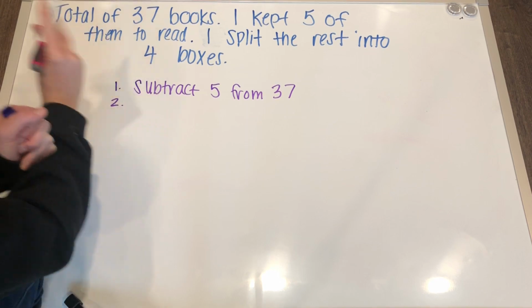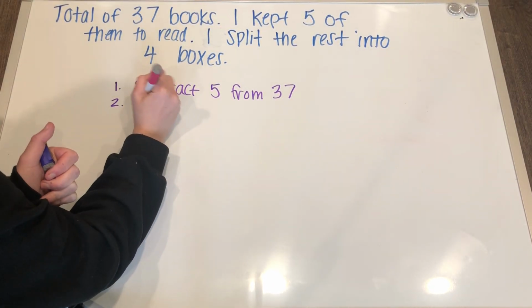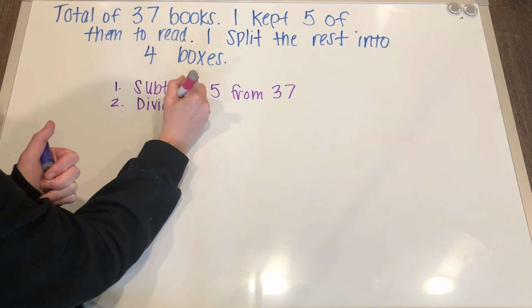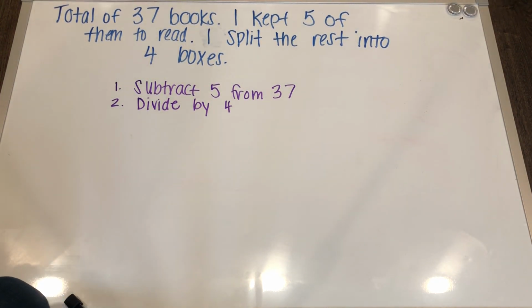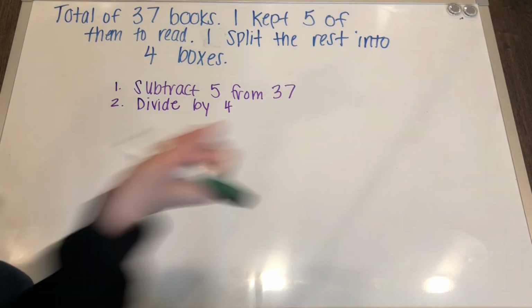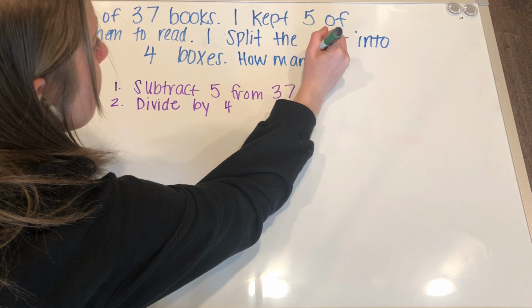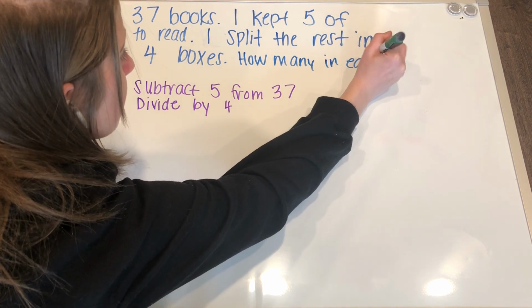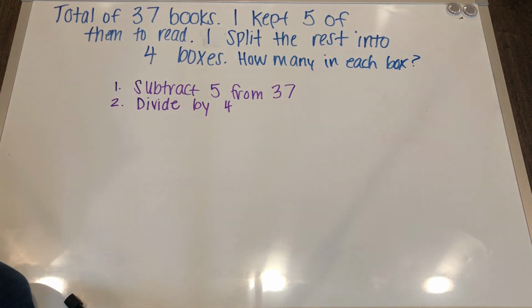Then once I get my answer, I split the rest of those into 4 boxes. So then I'm going to divide, because split tells me to divide, I'm going to divide by 4. Okay, and I forgot to add, the question is how many are in each box. So I said in words how I would solve it.